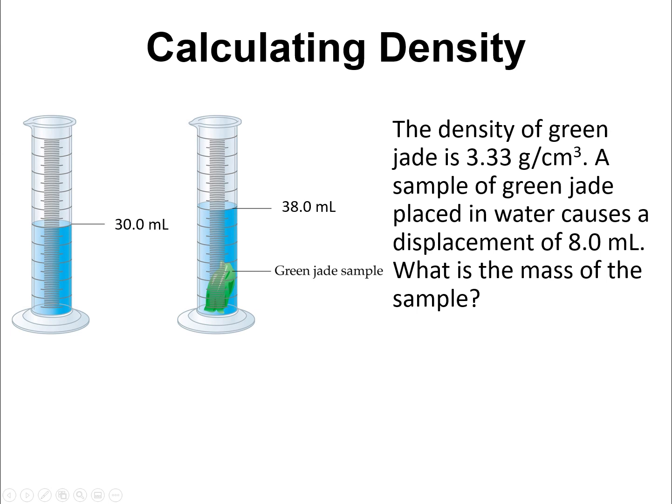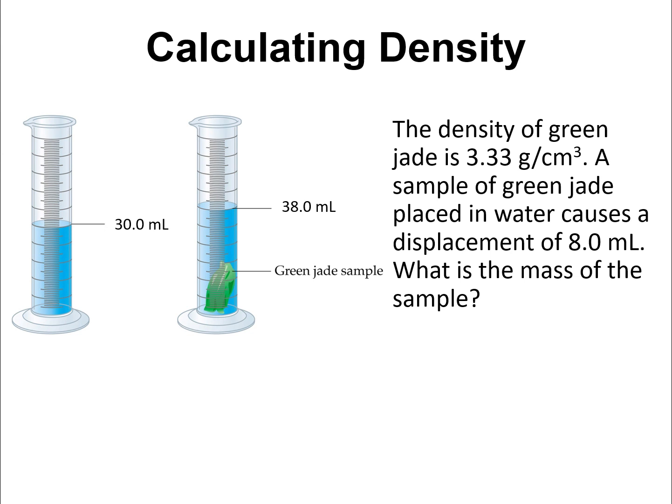So we're still talking about density. We're going to be in density for a little bit. Remember that volume by displacement thing? It's back. So we did part of this problem. We talked about volume by displacement and how when we add a sample to water, that increases the level of the water.